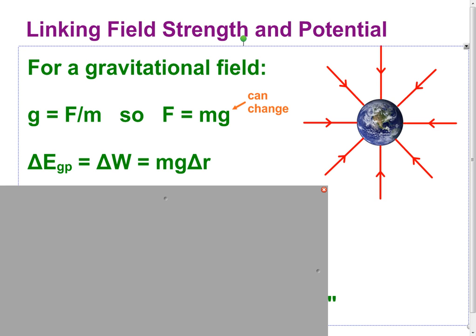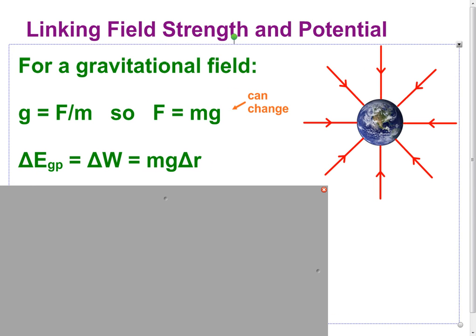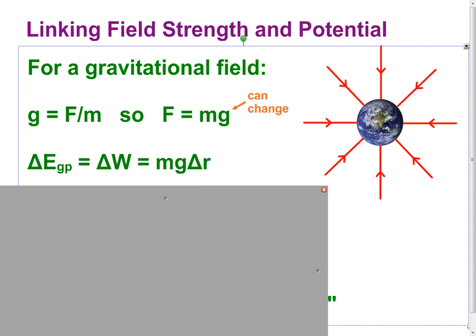Right, what else can we say? Well, we know that if we change the height of the object, we change its gravitational potential energy. Now instead of using height, I'm going to use delta r, radius, but we're thinking the same thing here.